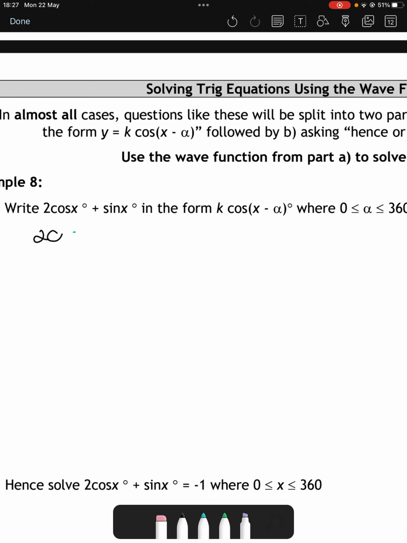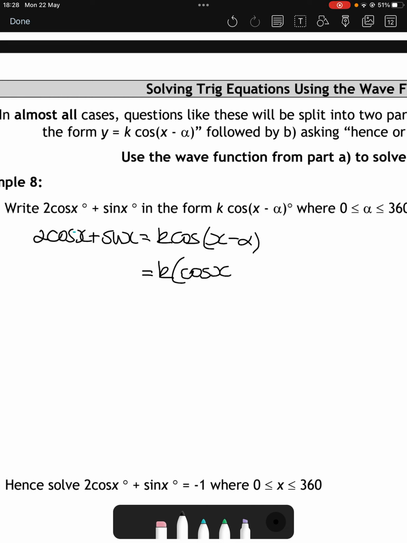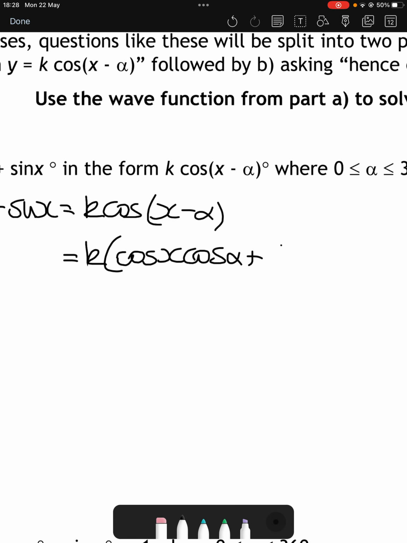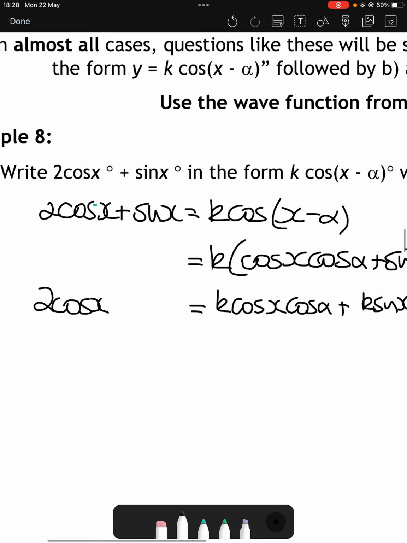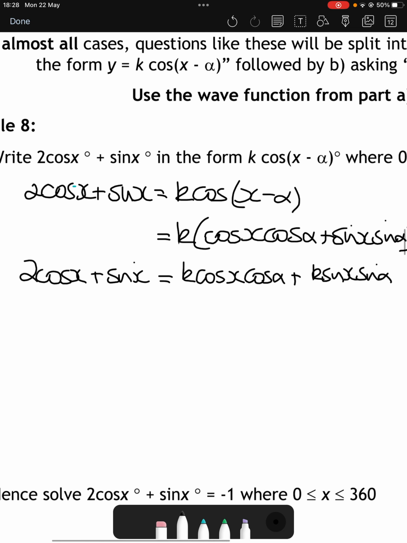So 2 cos x plus sin x, cos expansion. Right, start equating things.